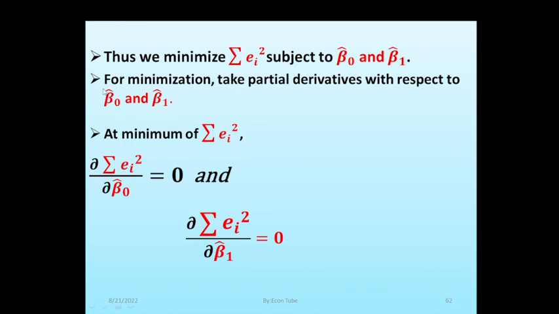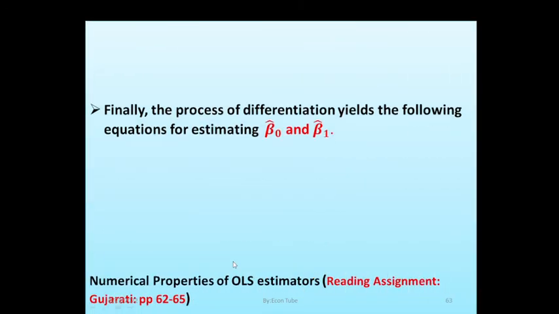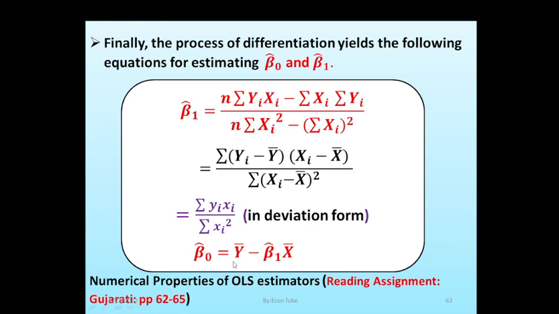Take partial derivatives with respect to beta naught and beta 1 at the minimum of the sum of squared errors, which is equal to 0, because it is the first order condition for both beta naught hat and beta 1 hat.